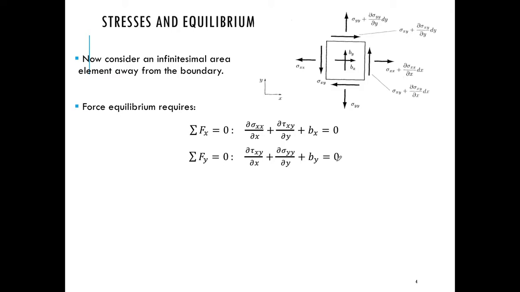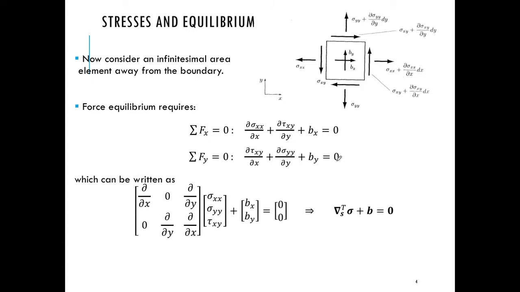Right, now, as always, we could start to convert this into matrix form. If you notice that I have to bring in some del operator, so there are partial differentials with respect to x and y, it turns out that I actually need to introduce the symmetric gradient operator that I've already introduced previously in order to write these two equations in matrix format.